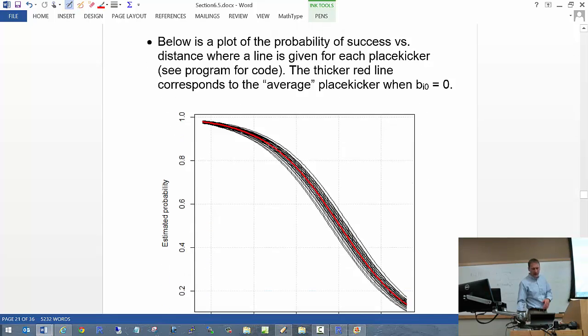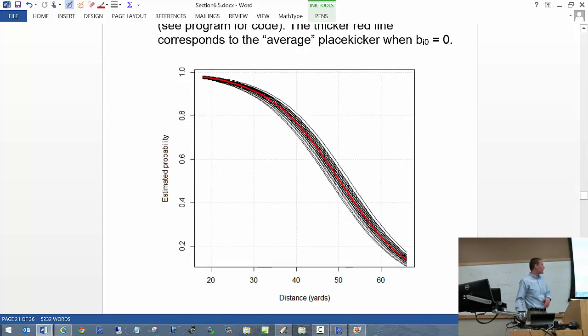And at the end of the last class, I briefly introduced this particular plot here. On the y-axis, we have the estimated probability of success. On the x-axis, we have the distance. The red line corresponds to, again, the average place kicker. So I say b sub i0 is equal to 0, and I just find the estimated probability of success. So I can use the curve function, as we've done many times before, to do that plot with the red line.